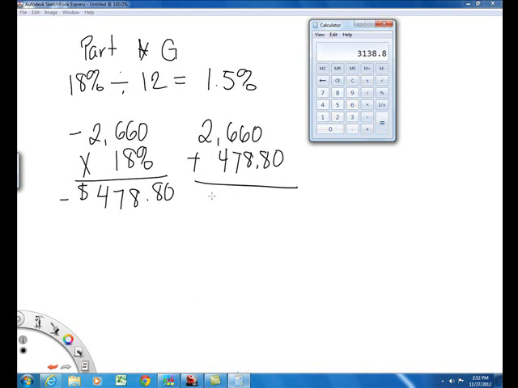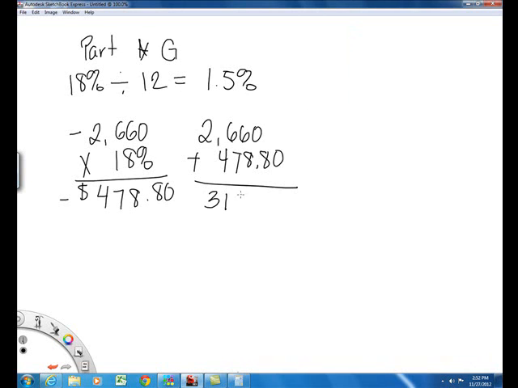In total, you'll have to pay back $3,138.80. That's the amount to be repaid.